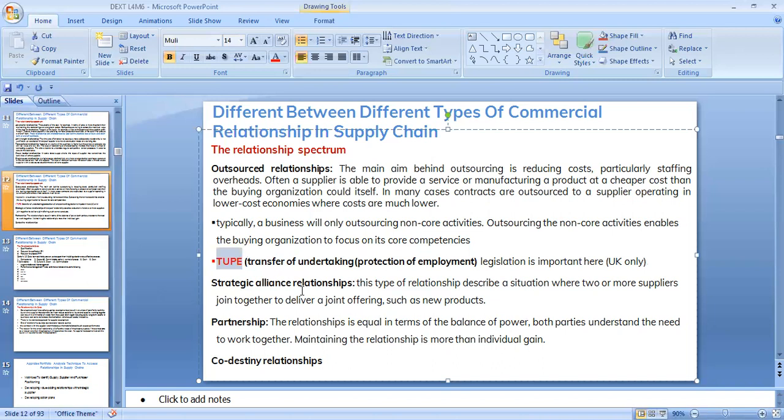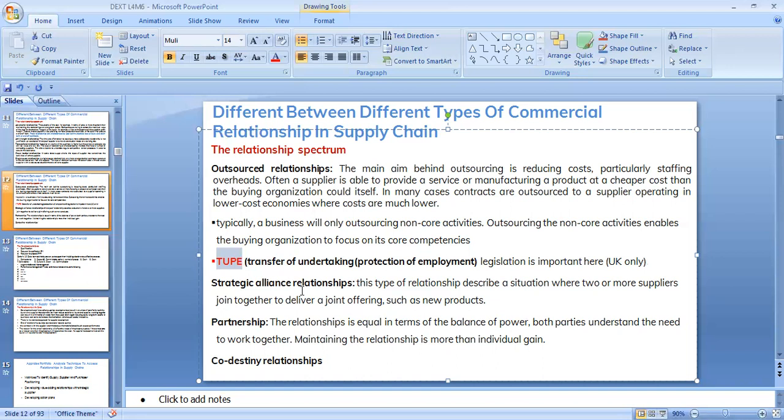This is an exam question for you. What does it mean? It means, peradventure, you run an organization and you have personnel working with and for you, and you want to outsource what they were doing for you to another organization. You must consider those that were working for you.